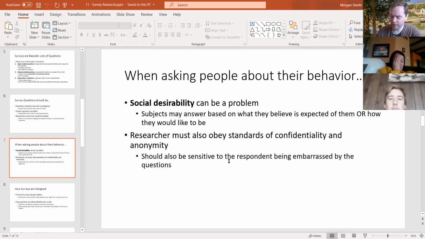So a big issue with surveys is the idea that they are going to answer based on, yes, their personal experiences, but also how they want or how they think the researcher wants them to respond. So this is often called social desirability, where the subjects will answer based on what they believe that the researcher expects from them or how they would like to be seen.